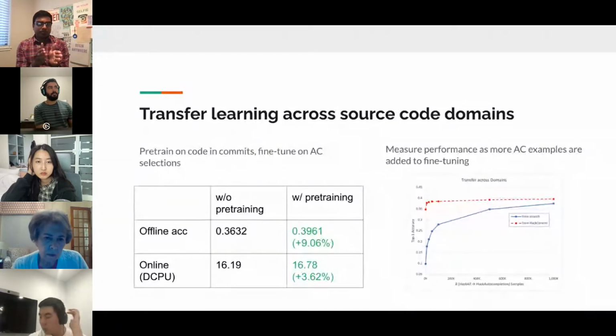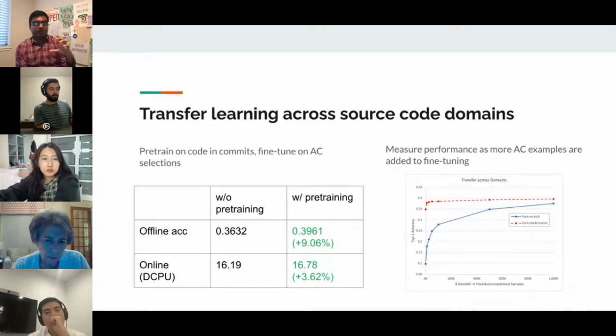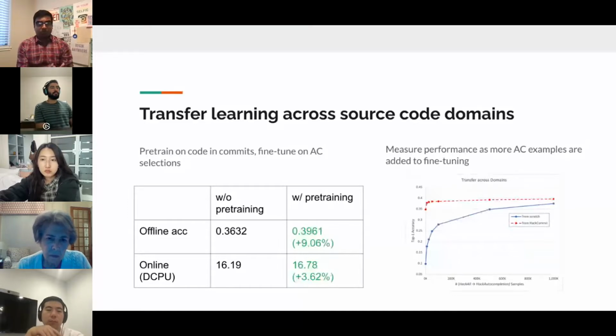And towards the left of the plot, you can observe that the difference between starting a model from scratch versus starting it from a baseline that's trained on commits is pretty significant when the number of examples that are available is small. So this means that when the data set is scarce, it makes a lot more sense and is a lot more beneficial to train the model on these kinds of code snippets that are present in code commits, as opposed to using the auto-completion examples directly.